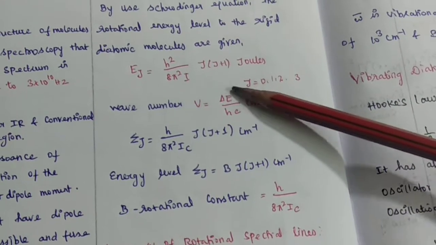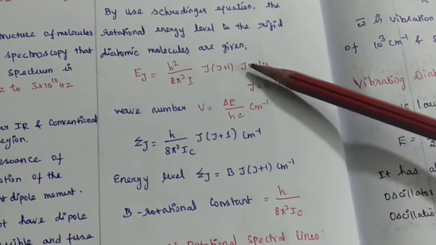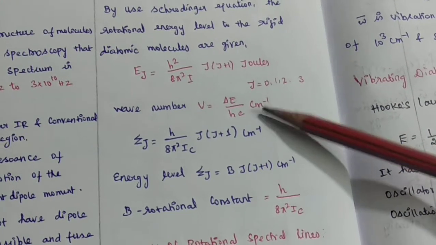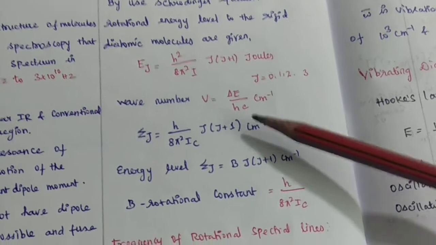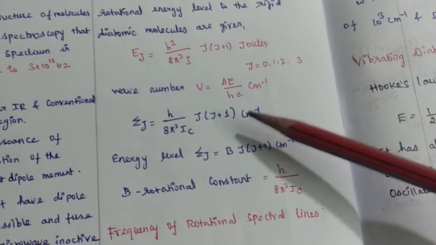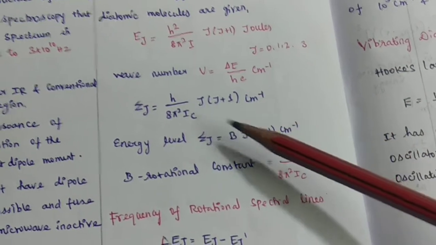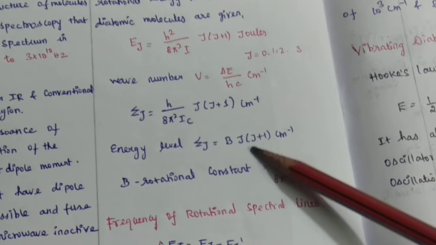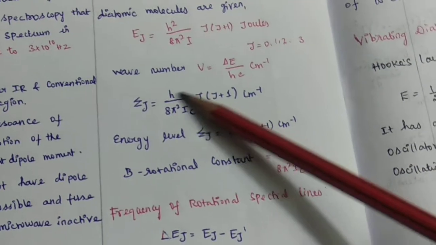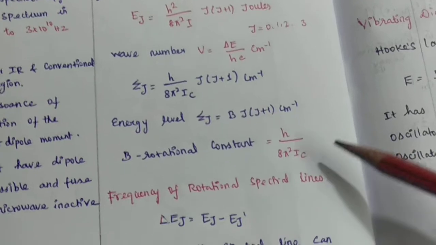Epsilon is equal to hc. The ordinary energy comes in joules, so we have to convert it to wave number. The unit will be centimeter inverse. After applying wave number into this equation, finally we get B J into J plus 1, where B is the rotational constant. This is the rotational constant. They ask this many times. Okay.